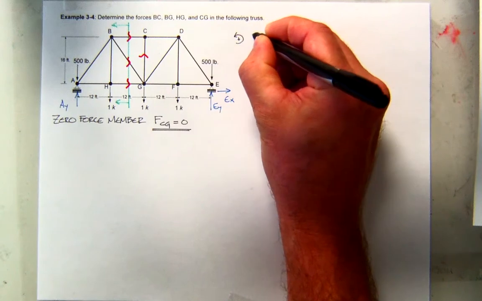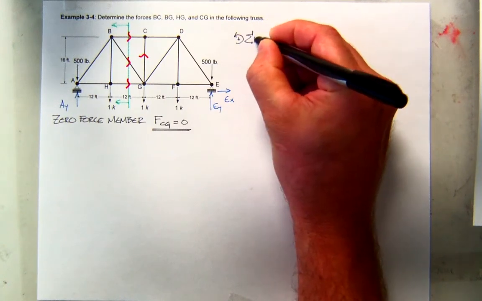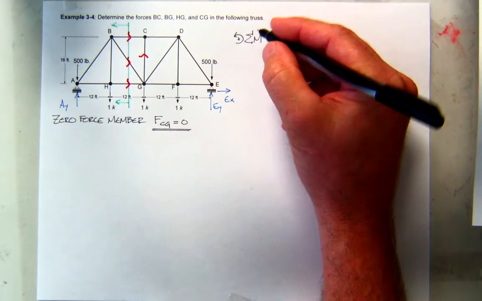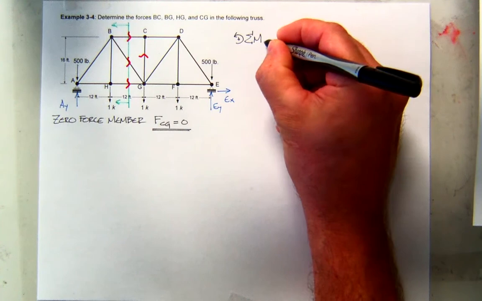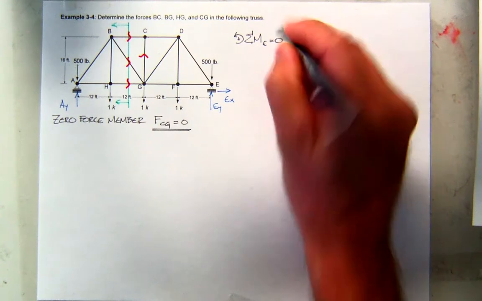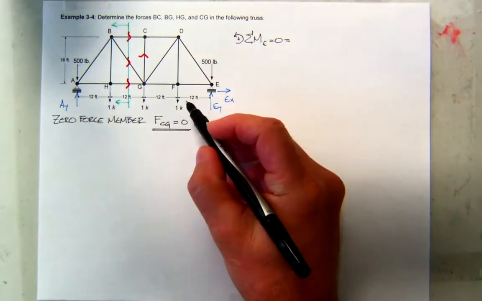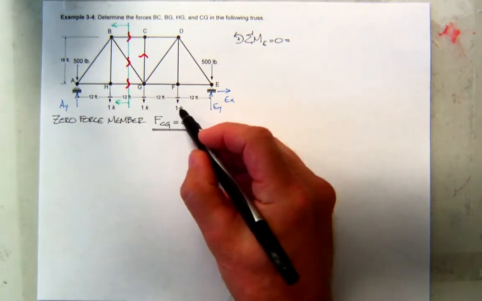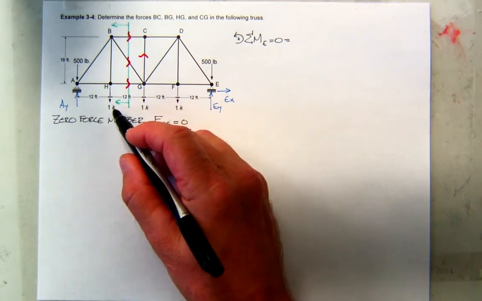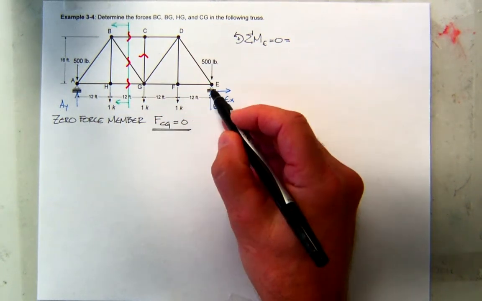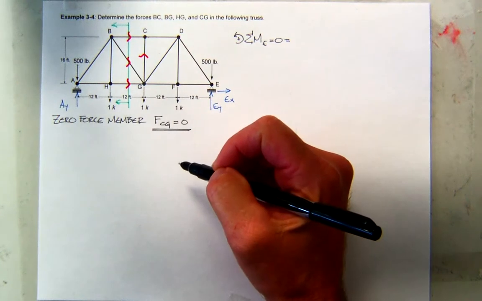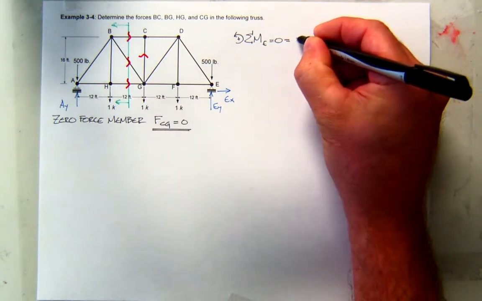You may hear me say this a few times this semester. We're going to sum moments about the pin, which in this case is E, and we're going to make sure it's in equilibrium. Now, this has a little bit more to keep track of. So see, along the bottom chord, I've got 1, 2, 3 of these 1 kip forces. About E, they're all creating positive moment. So I'm going to collect those.